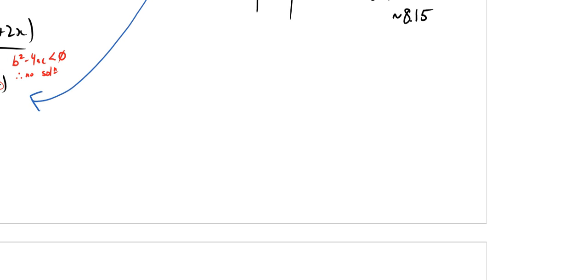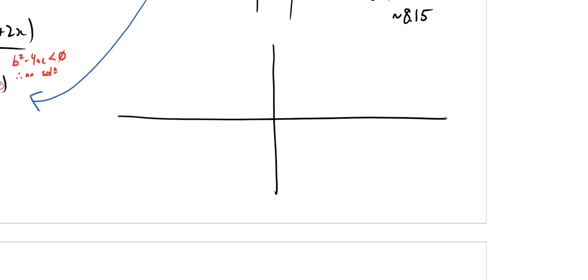Ready to sketch this guy out. I have a vertical asymptote at x equals 0. I have a horizontal asymptote going out this way at y equals 0, but not going the other way.